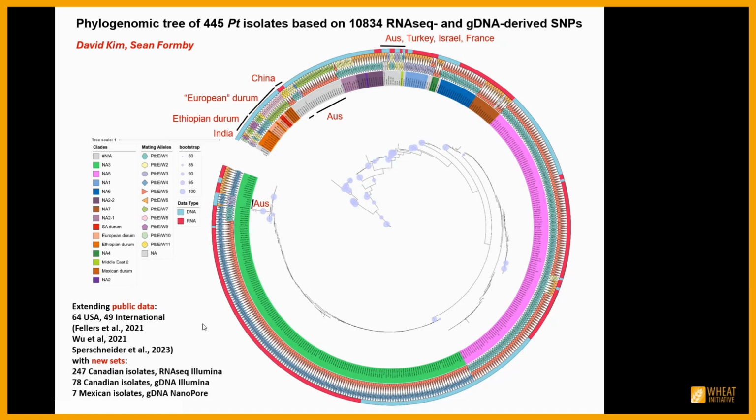And we did both genomic DNA sequencing and RNA sequencing. The RNA sequencing was based on the work pioneered by Diane Saunders on pathogenomics, so basically taking infected wheat leaf pieces and sequencing RNA from that. And we did that for several reasons.